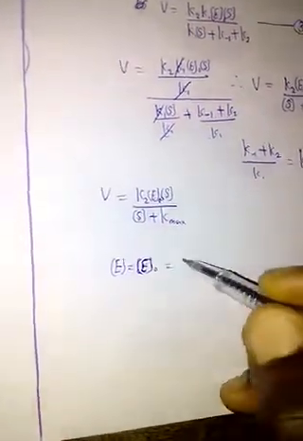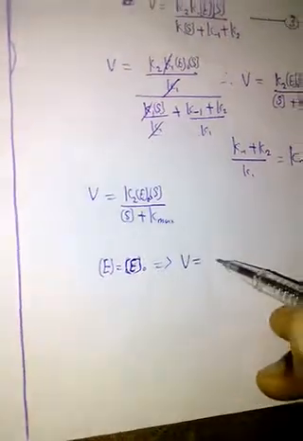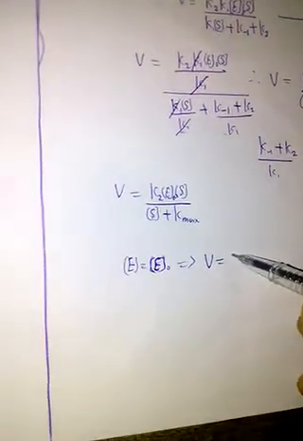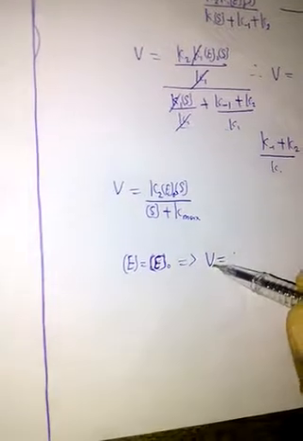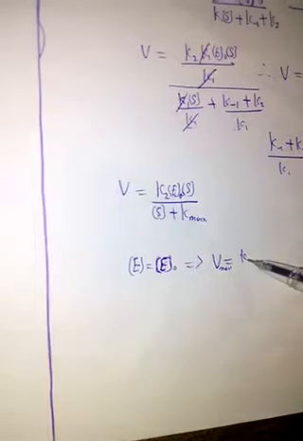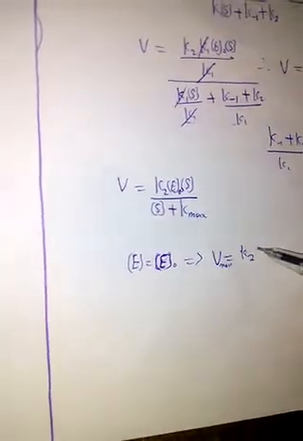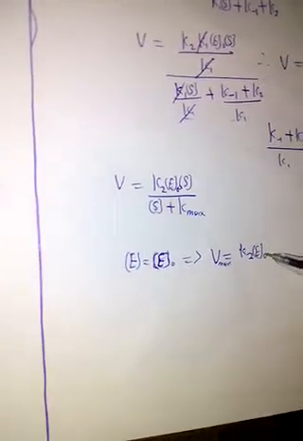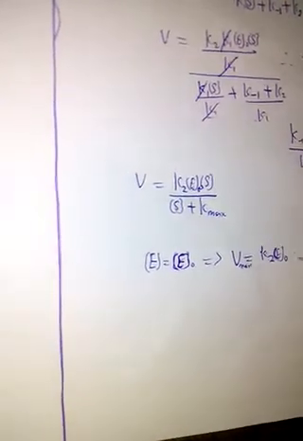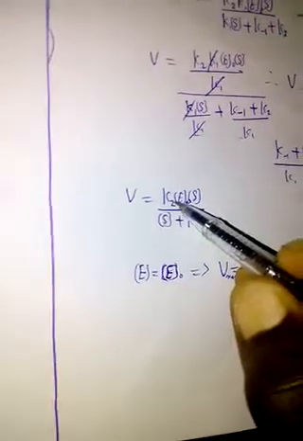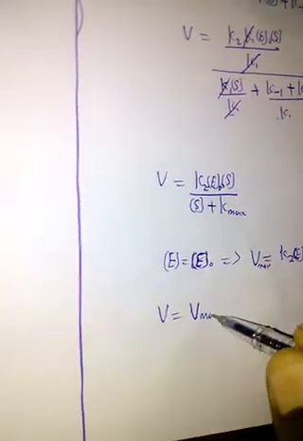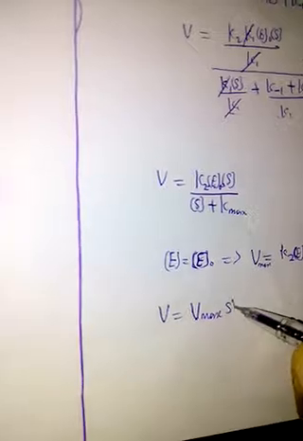So at this point we have V maximum to be equals to K2 E naught. You can substitute this here. Let's say this is our another equation. You can put this into this. So we have V equals to V max S multiplied by S.